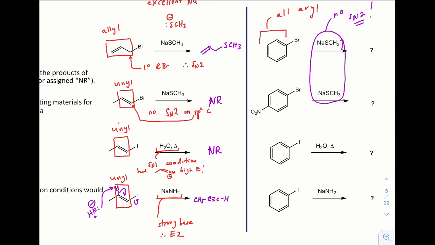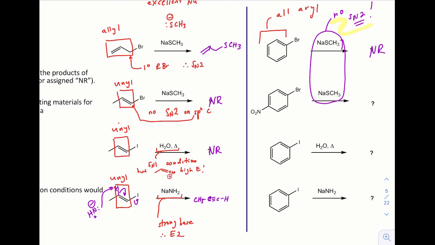I agree with what we said initially, which is that even though there's thiolate, there's no SN2 for these first two reactions. And for the first reaction, I expect no reaction overall.